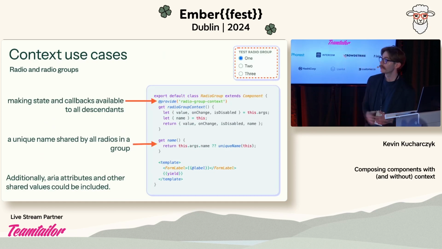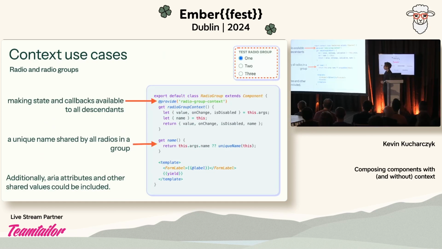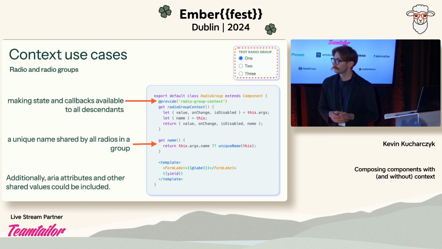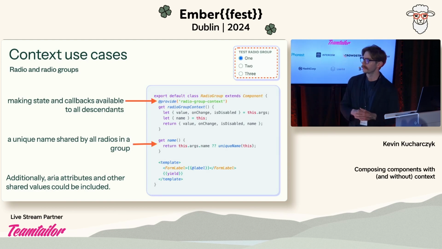It's a very simplified one. Here we have the radio group component, which is used to wrap the individual radios. And it provides a context, which we named radio group context, makes sense. And this one shares a couple of things with the whole group. It has the currently selected value, which comes from the arguments, the change handler, whether it's disabled, and it also provides the name.